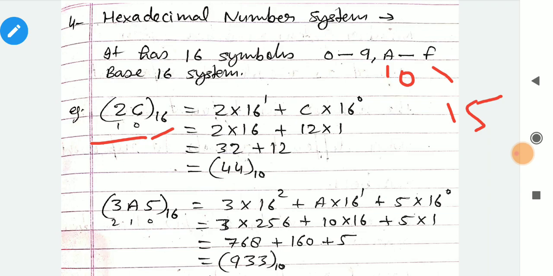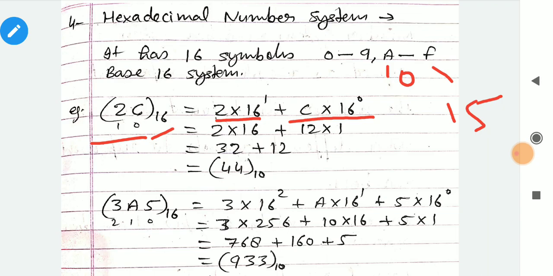So 2C can be written as 2 into 16 to the power 1 plus C into 16 to the power 0. Here 16 represents the base of the number system, and 2 and C are the different digits. So 16 to the power 1 is 16, and as I told you, A represents 10, B represents 11, and C represents 12.